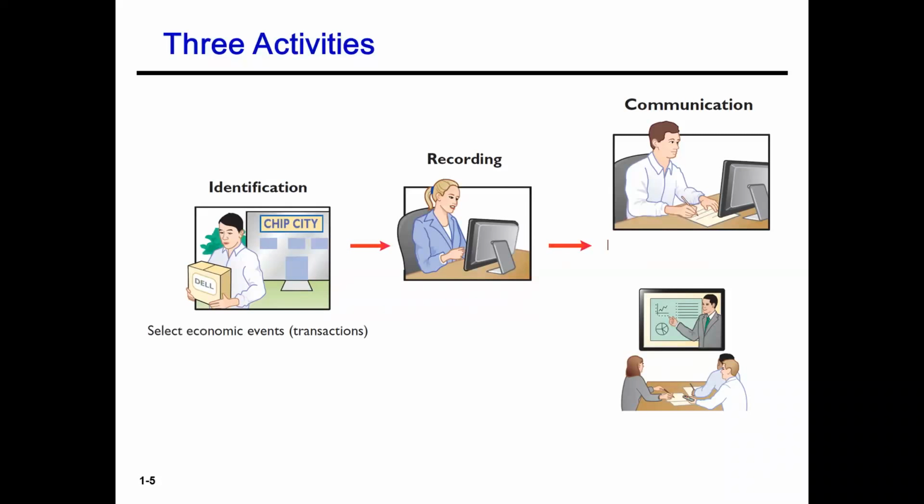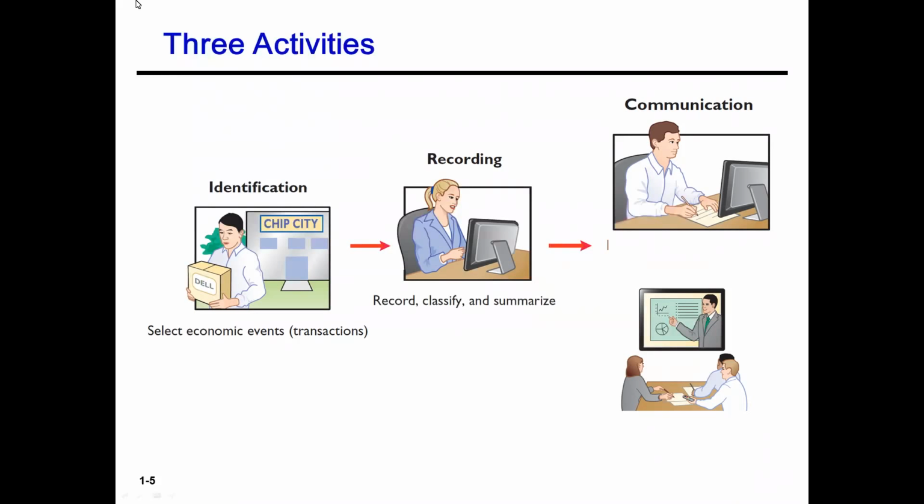So they have to be able to determine what transactions that go on in the company on a daily basis are impacting the financial situation of the company, or what we refer to as the economics of the company. So if, in this case, an employee purchases a computer from Chip City for the company, that is an economic transaction that the accountant has to be aware of and must record in the accounting records.